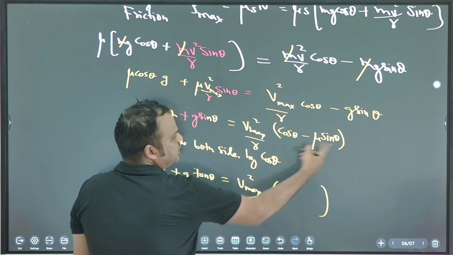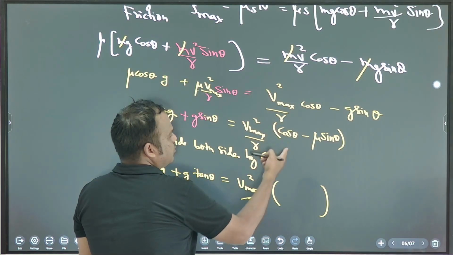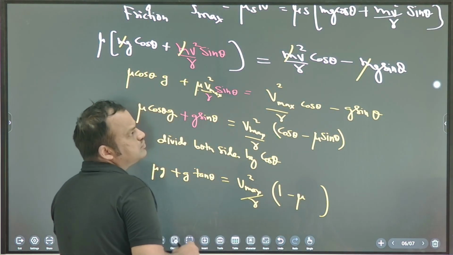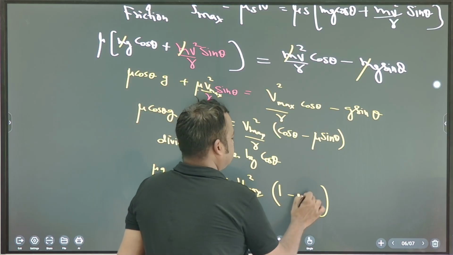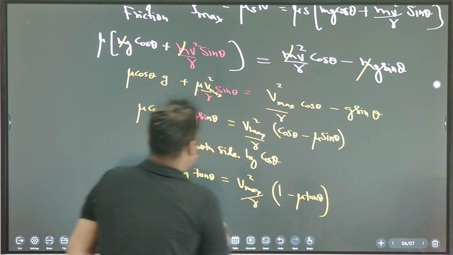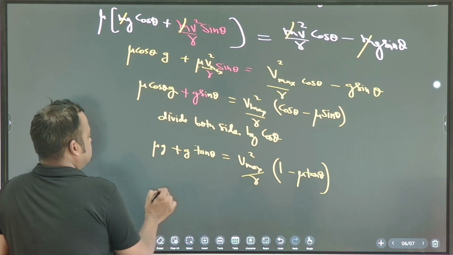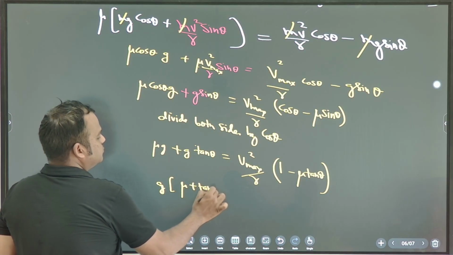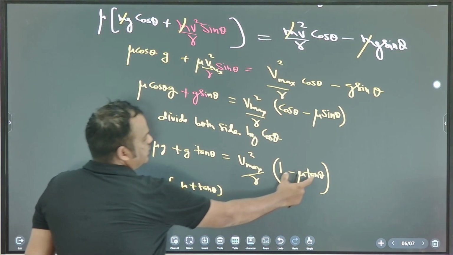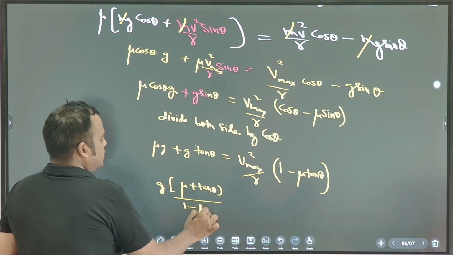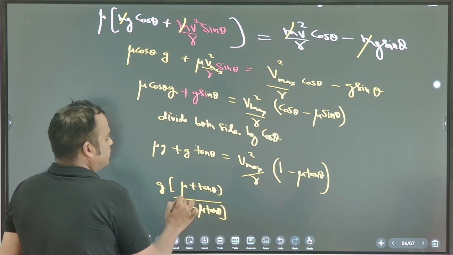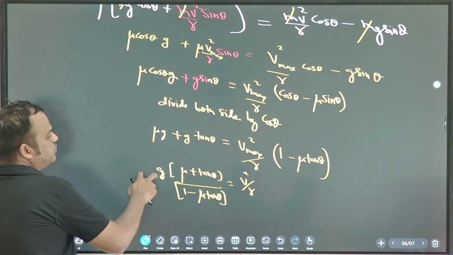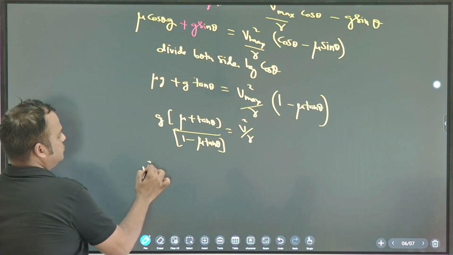Now divide by cos here. Cos by cos is 1 minus mu tan theta. So g common, mu plus tan theta, divided by 1 minus mu tan theta is equal to V square by R. So what is V square?